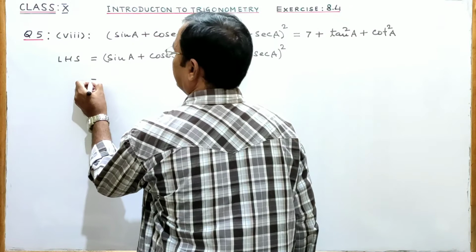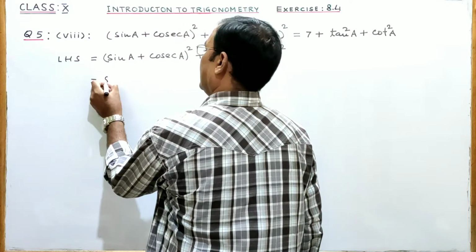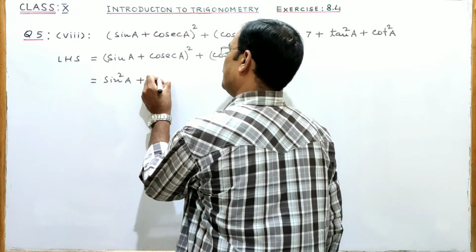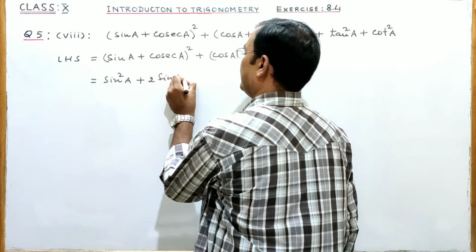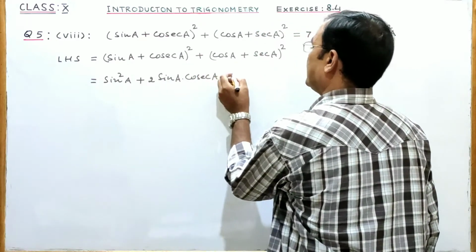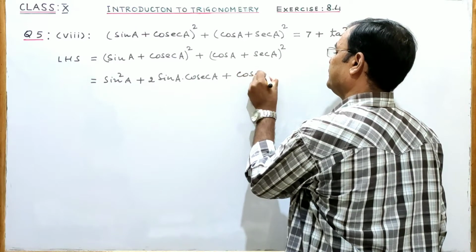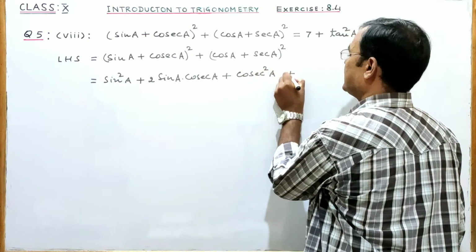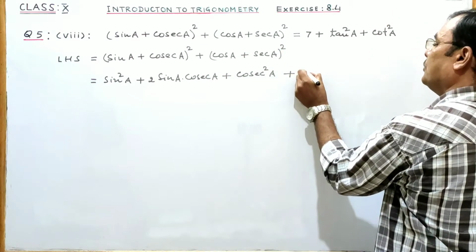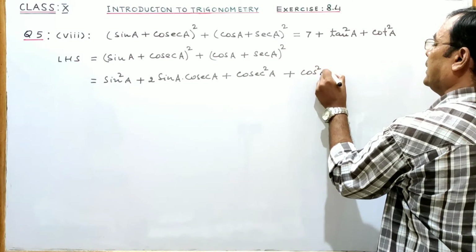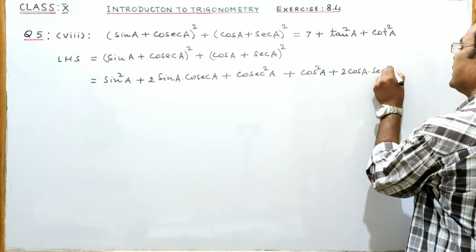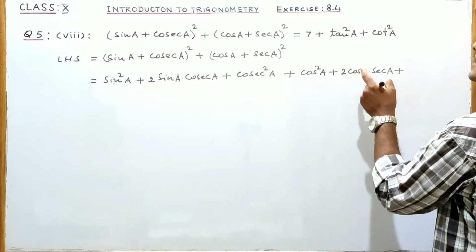So this is equal to sin square A plus 2 sin A into cosec A plus cosec square A plus, expanding this (cos A plus sec A) whole square, we get cos square A plus 2 cos A into sec A plus sec square A.